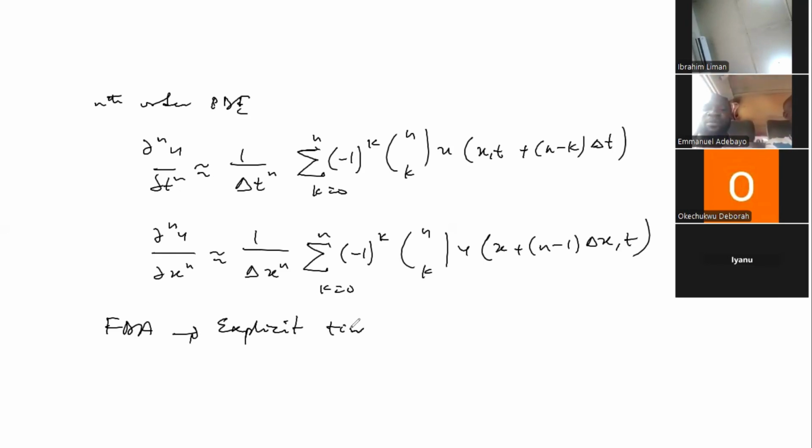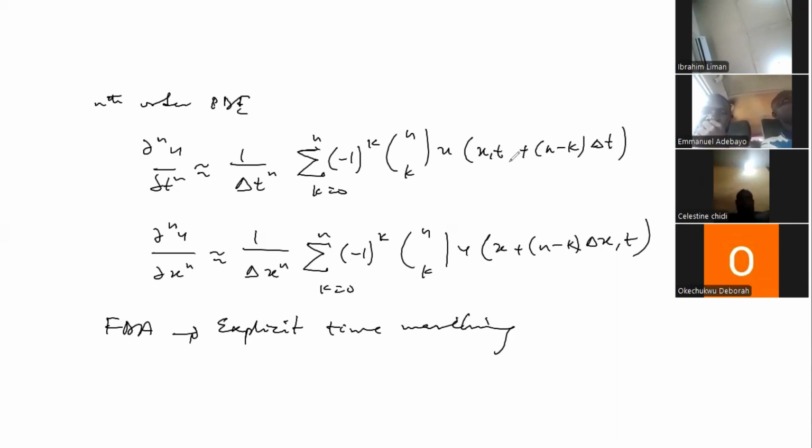Sorry, before you go forward, the nth order for the x, is it n minus k or n minus 1? It's minus k, please. It's the same. So here is x plus (n minus k)Δx, then t, and it's k. Thank you.